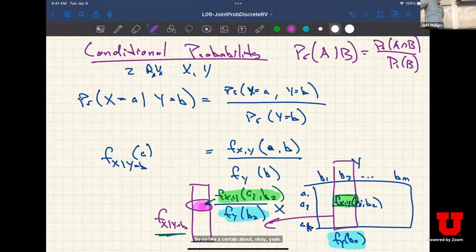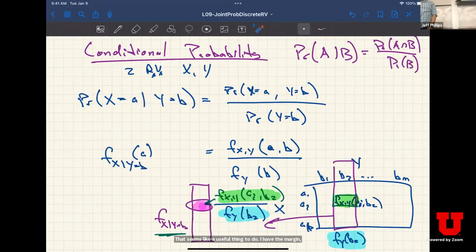Right. So if I just wanted a particular cell, like just the green cell there, I just want to compute this particular value, right? I would look up the value in the cell in the table, which gives me the value here. And then I look up the margin. Maybe I pre-compute all the margins, that seems like a useful thing to do. I have the margin and I divide through it.